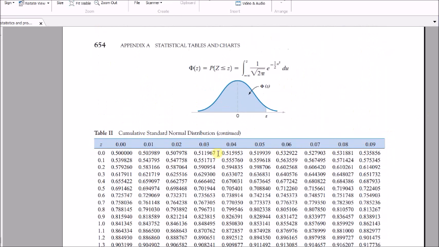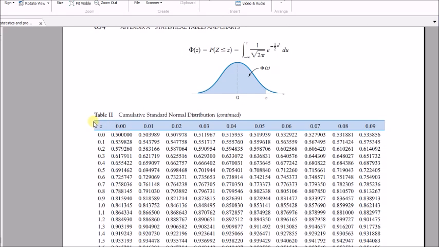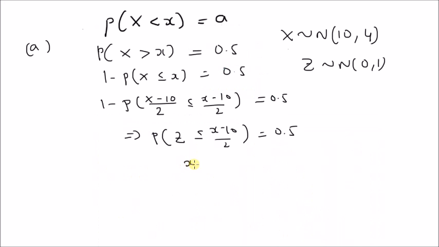From normal distribution tables, we can clearly see that at a value of z equal to 0, we have 0.5. That means (x minus 10) divided by 2 is equal to 0. So x equal to 10.